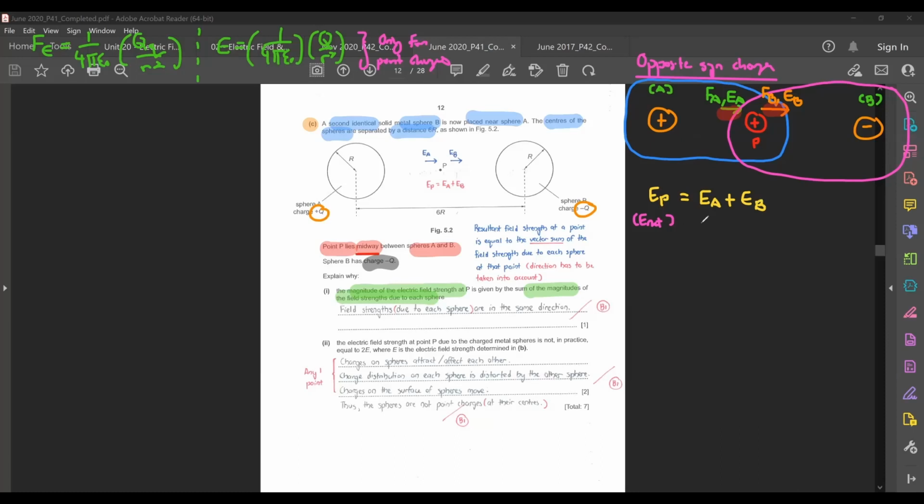Now, if you then want to expand it a bit further, it will become this expression here. 1 over 4 pi epsilon naught QA over RA squared plus 1 over 4 pi epsilon naught QB over RB squared, where your RA is the distance between sphere A and your test charge, and your RB is the distance between your sphere B and your test charge.